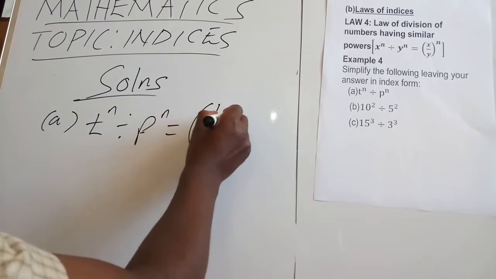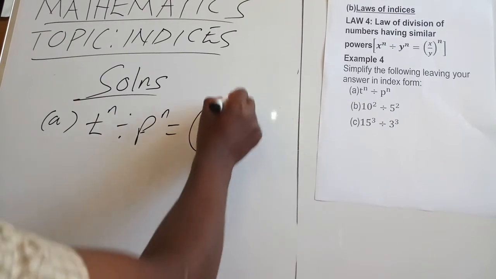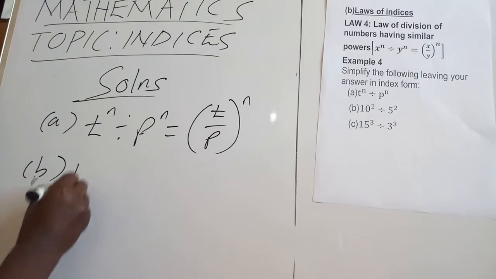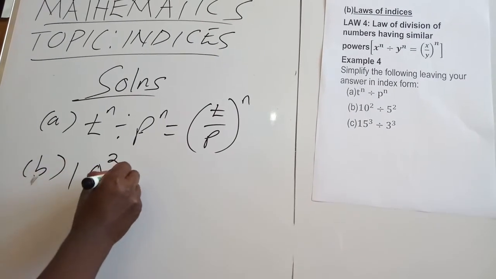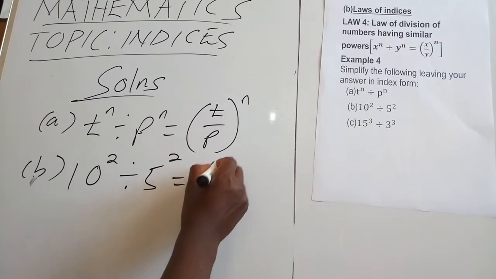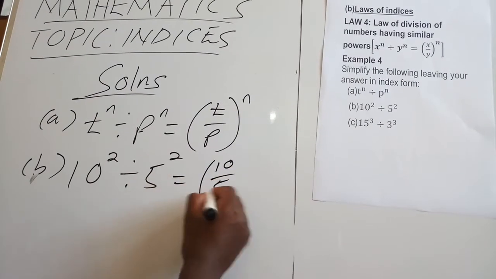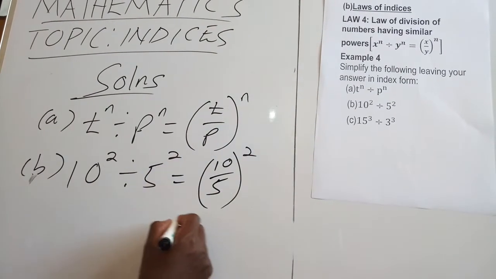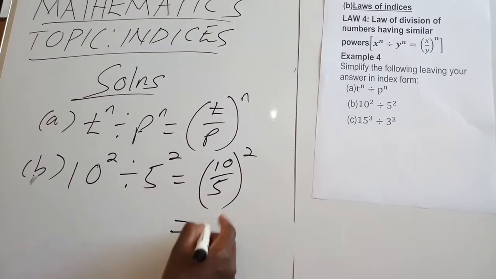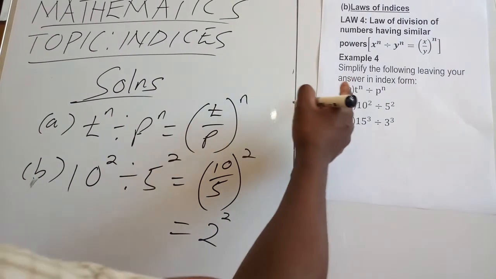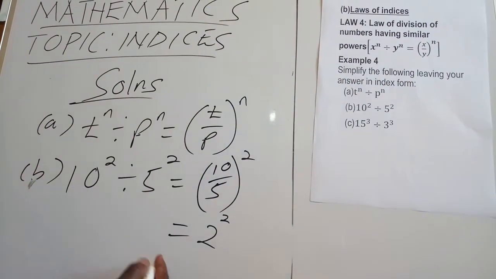The outcome will be t over p raised to power n. Part B, we have 10 power 2 divided by 5 power 2. What do we get? 10 over 5 raised to power 2. 10 over 5 is 2 raised to power 2. As per the instruction, we want to leave our answer in index form.